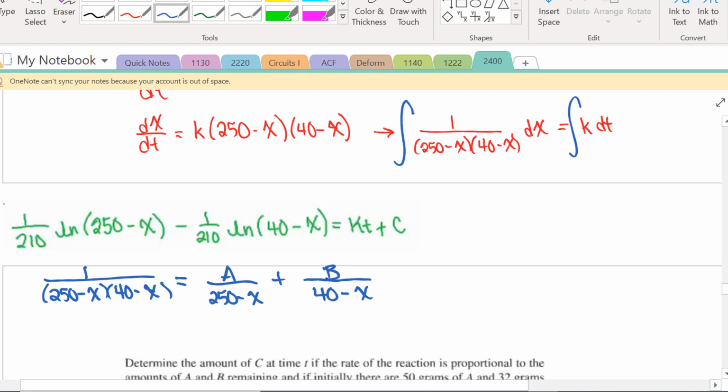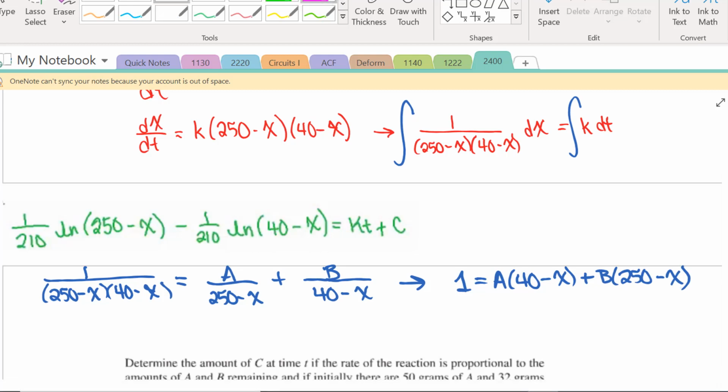And then I multiply by the LCD to clear fractions. So I would get 1 equals A times 40 minus X plus B times 250 minus X. And then I would first plug in X equals 40. So I get 1 equals B times 250 minus 40 is 210.